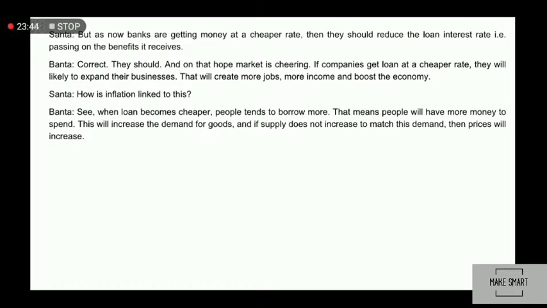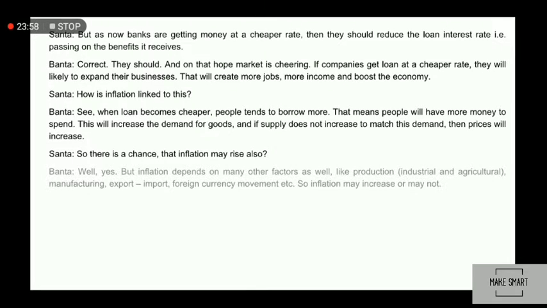This will increase the demand for goods, and if supply does not increase to match this demand, then prices will increase. So there is a chance that inflation may rise also. But inflation depends on many other factors as well, like production, industry, agriculture, manufacturing, export, import, foreign currency movement. So inflation may increase or may not.